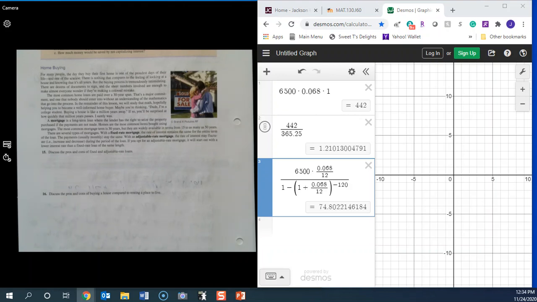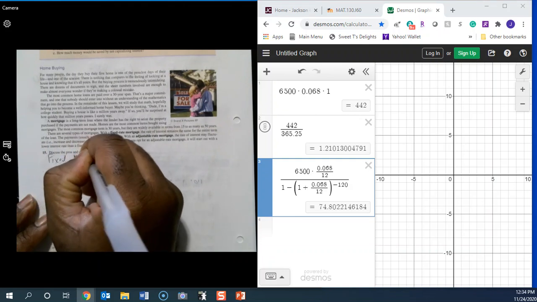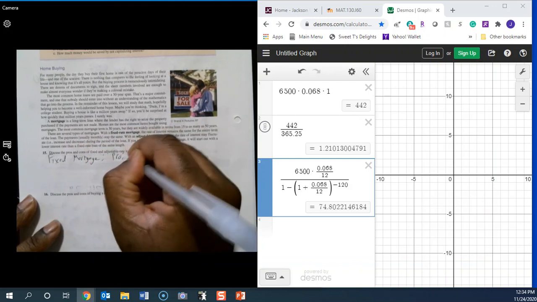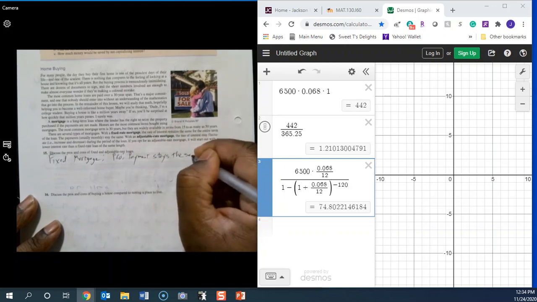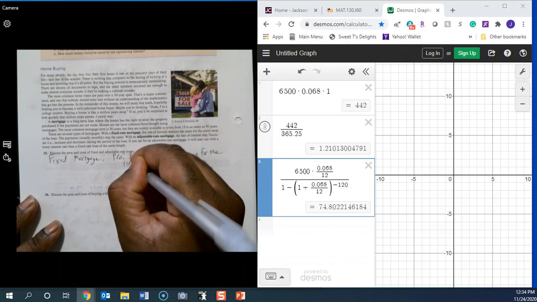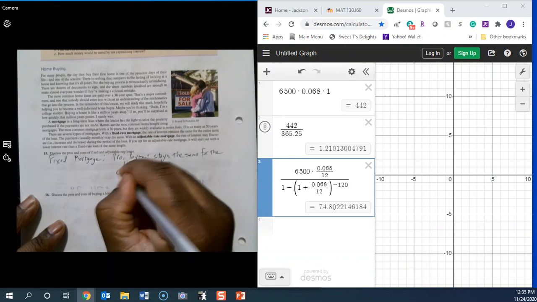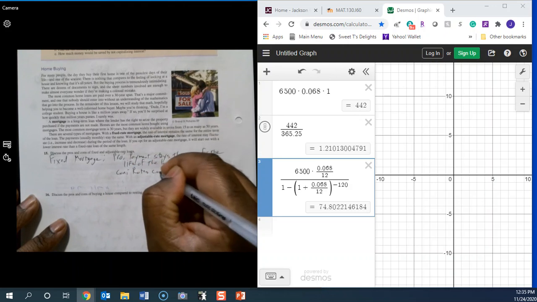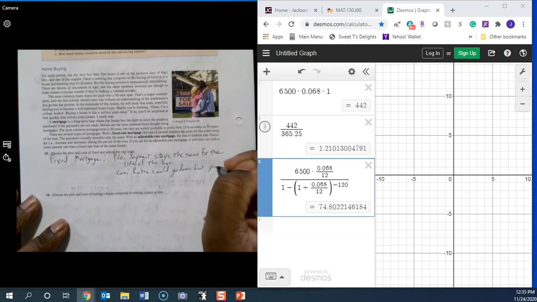Okay, one of the pros of a fixed mortgage is that the payment stays the same. The payment stays the same for the life of the loan. Okay, the con, rates could go down, but yours will not.